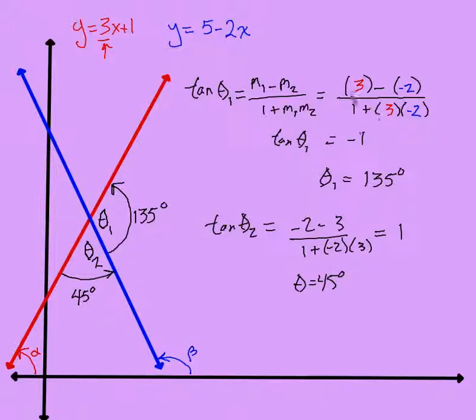So if you do it one way, the 3 minus the negative 2, that'll give you one angle. If you do it the other way, it'll give you the other angle. And if they're looking for two angles, it doesn't matter which way you do it, because once you get the first, you subtract it from 180 to get the second. And that's what you need to know about the angles between two lines.